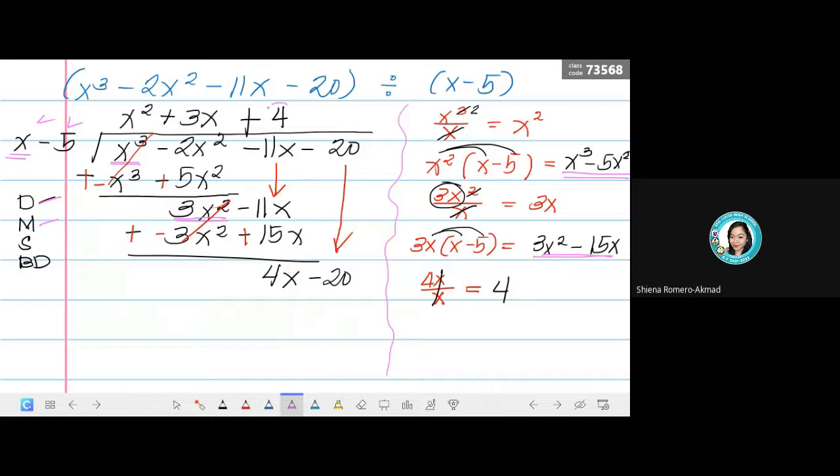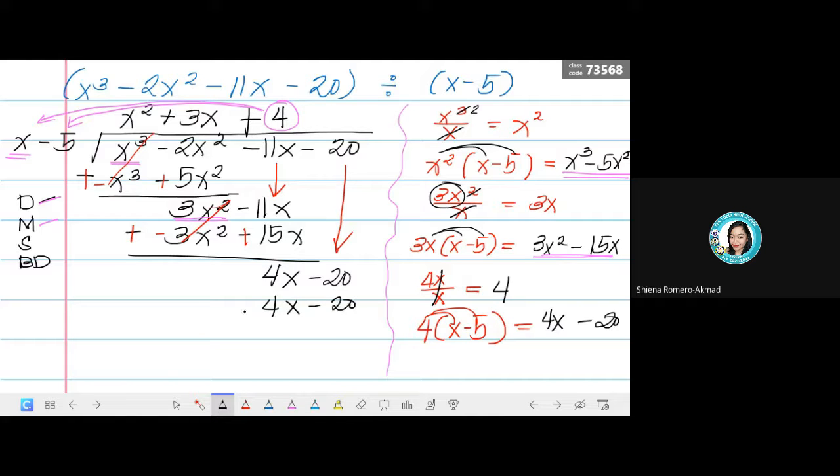We will now multiply. So, si positive 4, multiply mo sa kanila pareho, we'll have 4 times x minus 5. 4 times x equals 4x. 4 times negative 5 equals negative 20. So, si 4x minus 20, sulat natin dito.